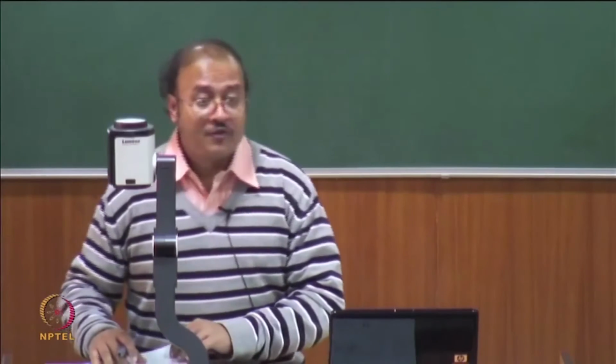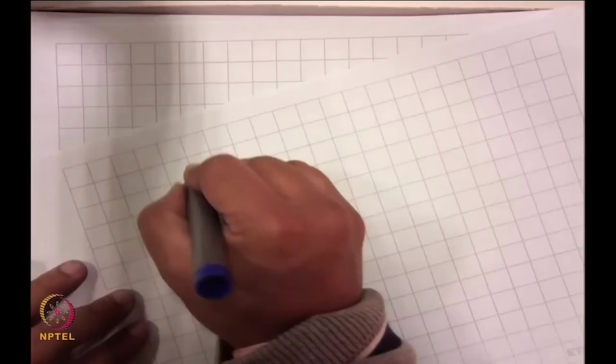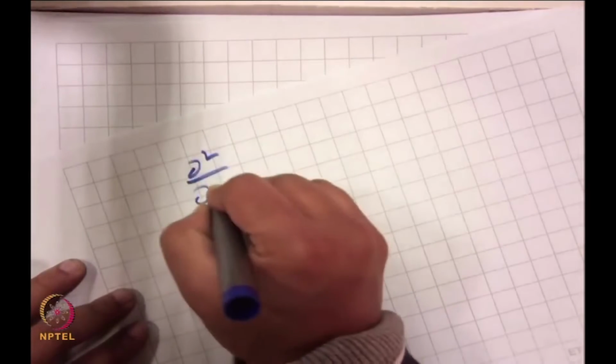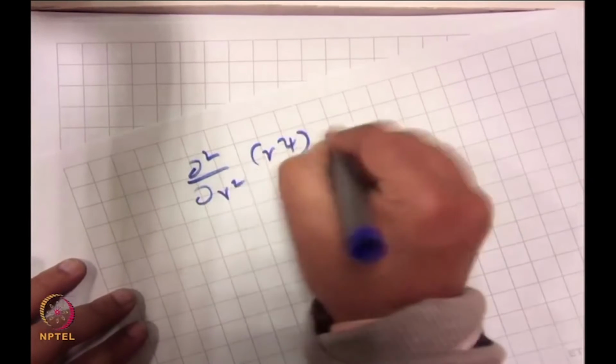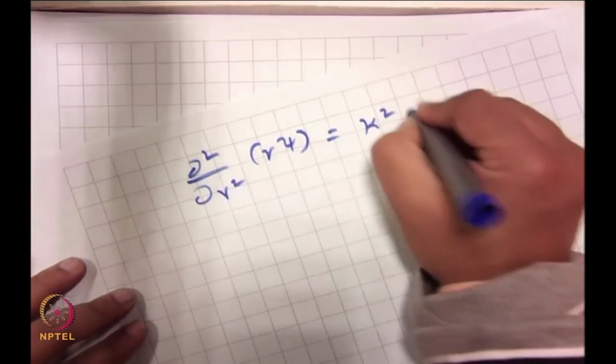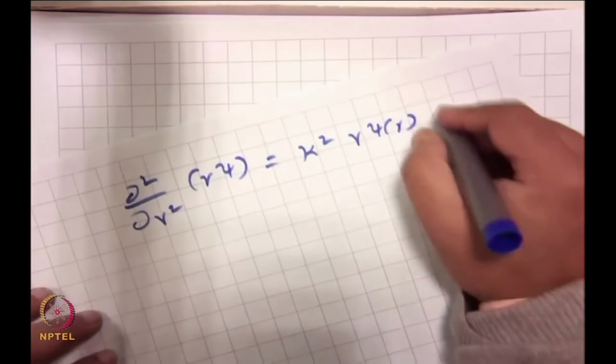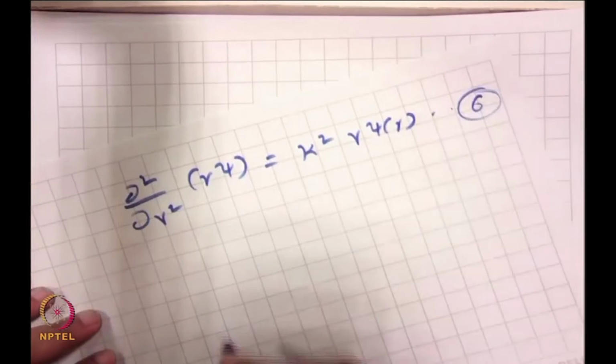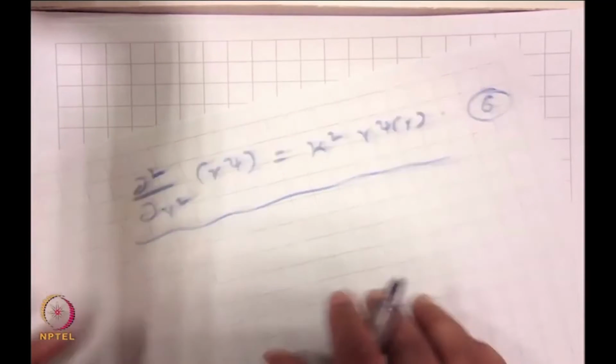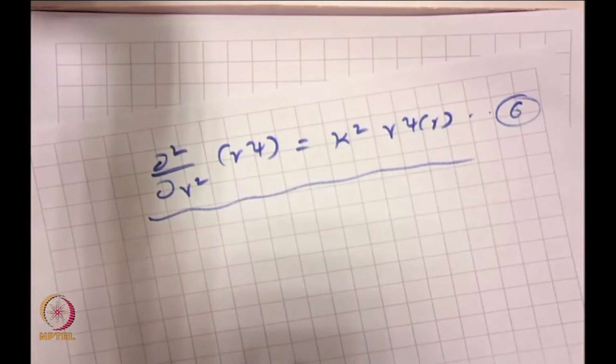Okay. If you have it like that, I can again rewrite it as del 2 over del r squared of r psi is equal to kappa squared r psi of r. This is, say, equation 6. Tell me, do you understand why we rewrote the equation like that?